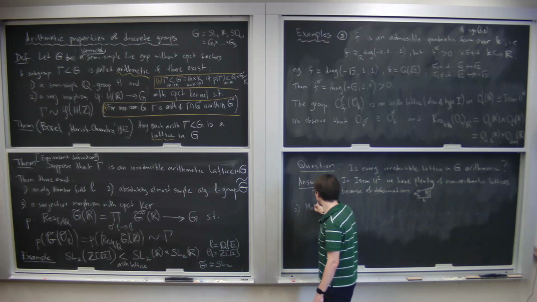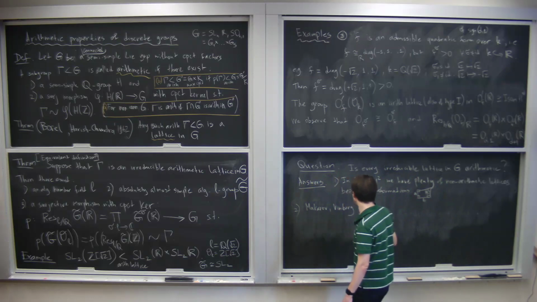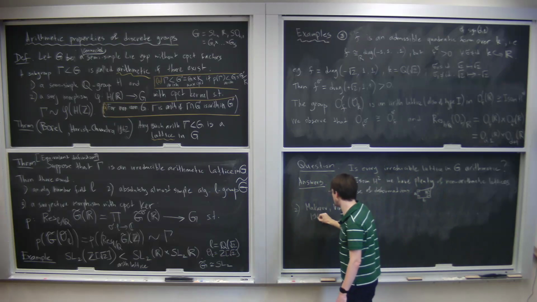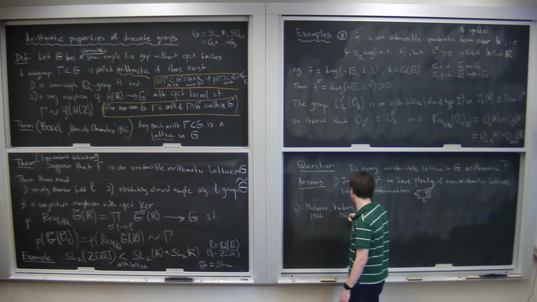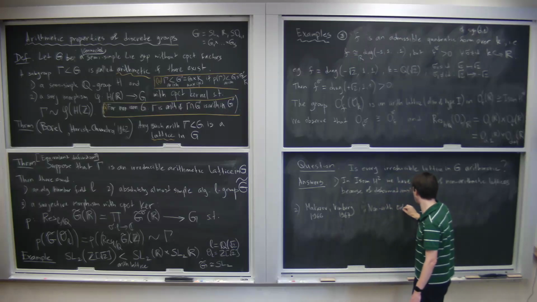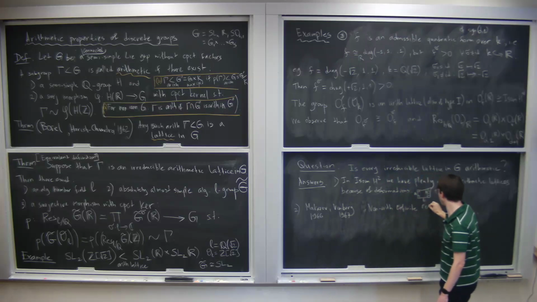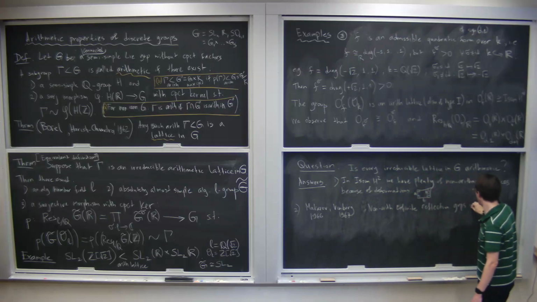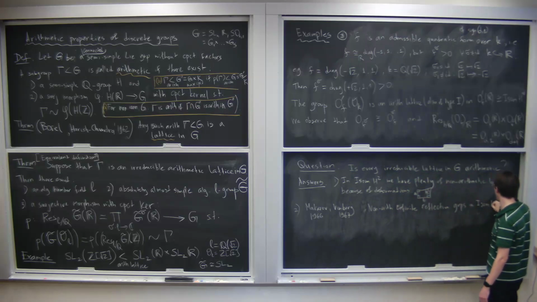Then Makarov and Vinberg constructed the first non-arithmetic examples. So this is Makarov in 66, Vinberg in 67, non-arithmetic cofinite reflection groups in Isom HD, where D is 3, 4, 5.